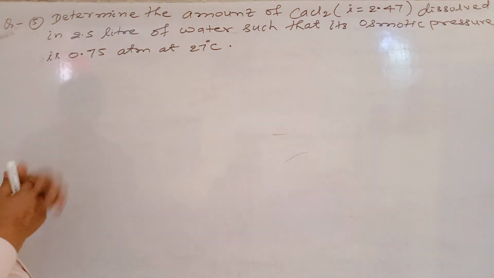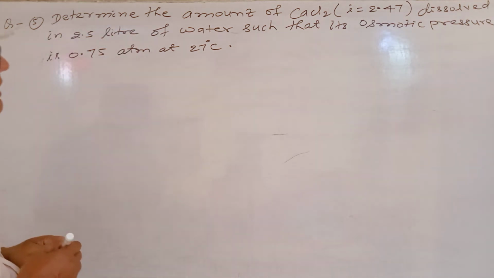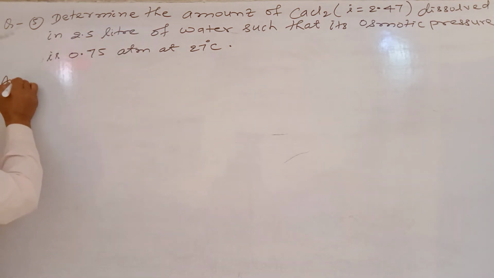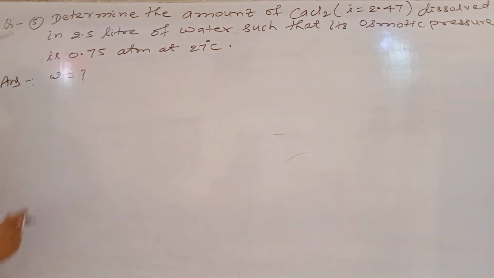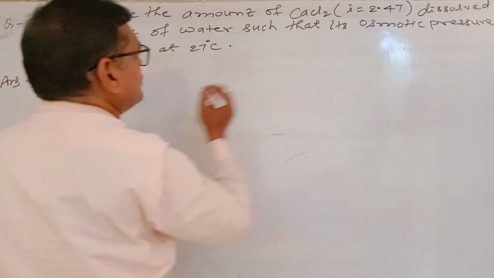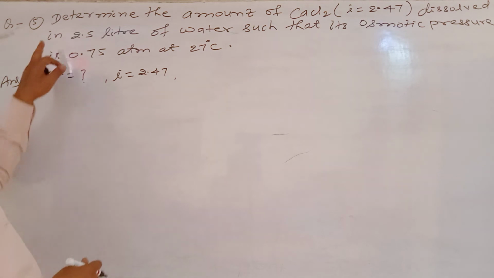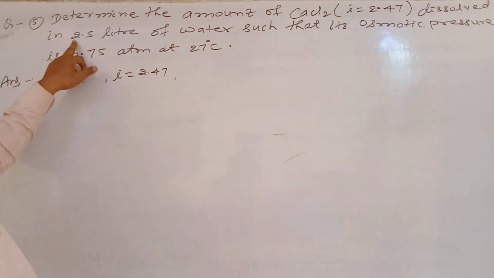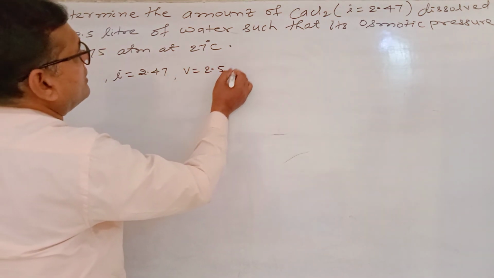Question we repeat. Determine the amount of calcium chloride. The symbol of amount of calcium chloride we write small w is equal to what? In the question we see i is equal to 2.47. The volume of solution is 2.5 liter. Here we write V is equal to 2.5 liter.